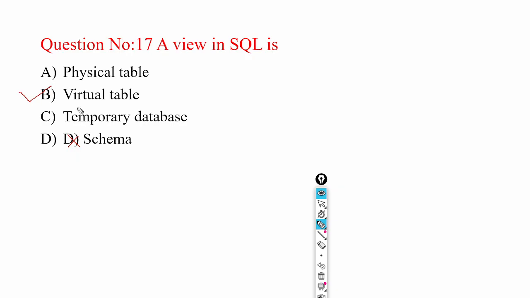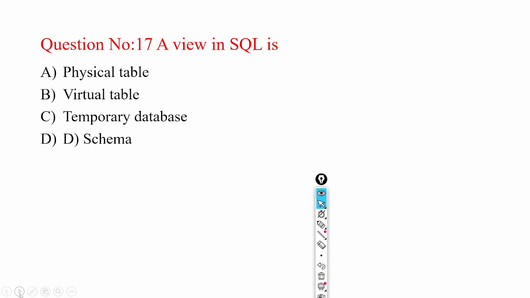A view is nothing but a virtual table created using a query. Whenever you execute the view query, we will see the data. We will not change anything, we are just seeing the data. If you want to view employee names of any HR department without the salary details, you will just see the employee details. We are just seeing the data, that is nothing but the view.